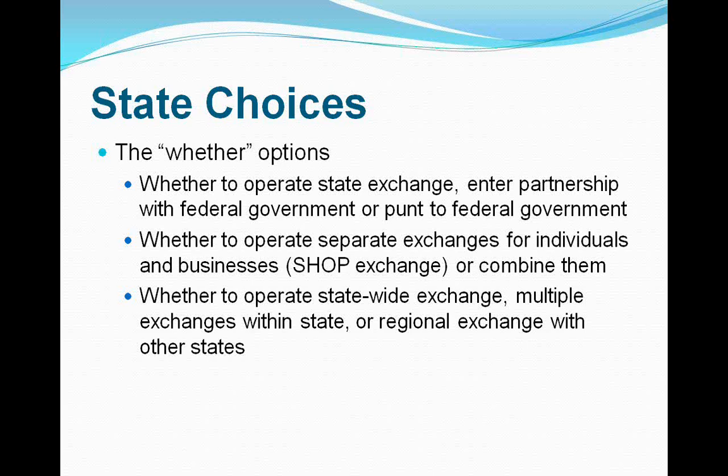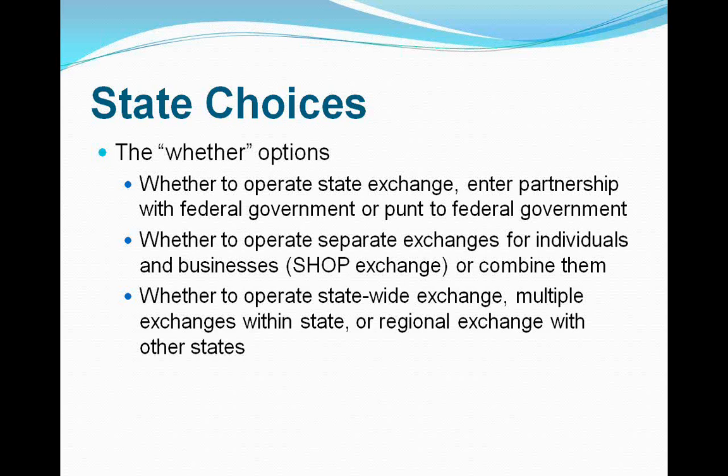Beyond these minimum standards, there are some key choices that states can make in designing their exchange. I categorize this first set of choices as the whether options: whether to operate a state exchange at all or defer to the federal government to do it, or something in between that's being referred to as a partnership exchange, a partnership with the federal government, where the state does some of the functions and the federal government does some of the functions.